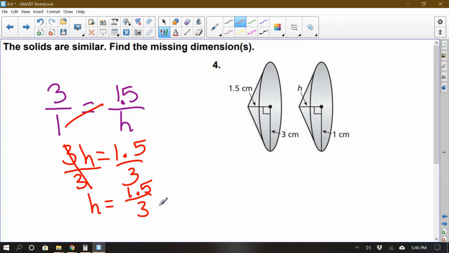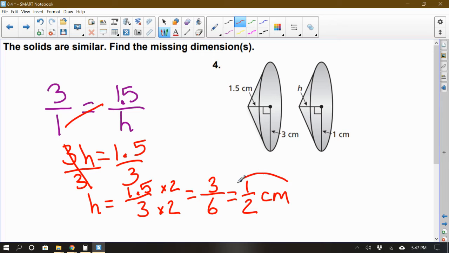What could I do? How about we multiply the top and bottom by 2? Let's see, what does that turn into? Well, 3 times 2 on the bottom is 6, and 1.5 times 2 would be 3. So there we go, 3 over 6. Oh, wait a minute. 3 over 6 can simplify to 1/2. So there we go. It looks like it's 1/2 of a centimeter.